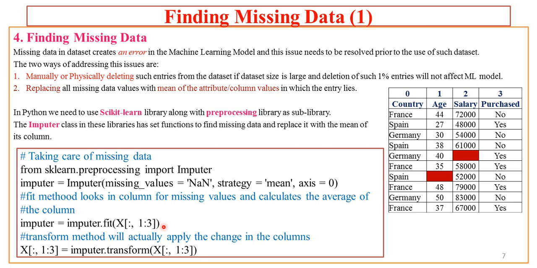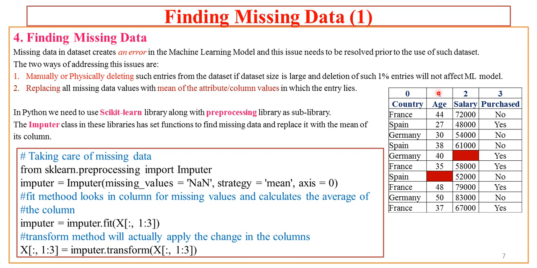I want to apply the handling of missing data only on the columns which have missing values. In the case of our data set, there are four columns: column 0, column 1, column 2, column 3. But of that, how many columns do we need to handle?